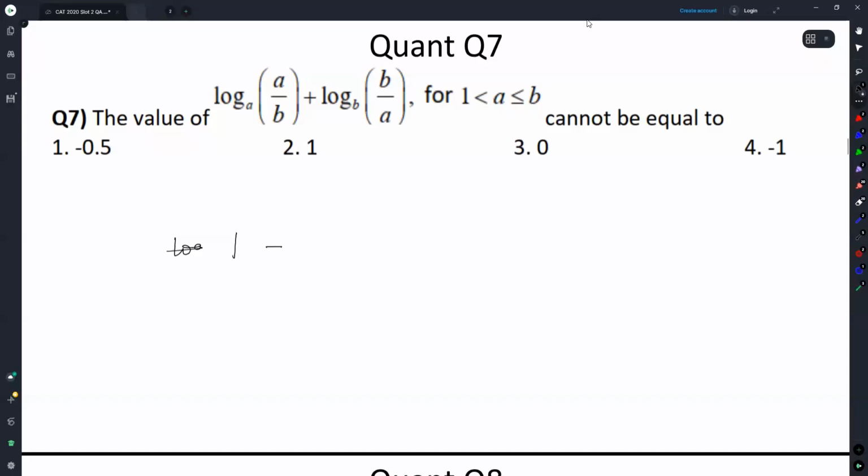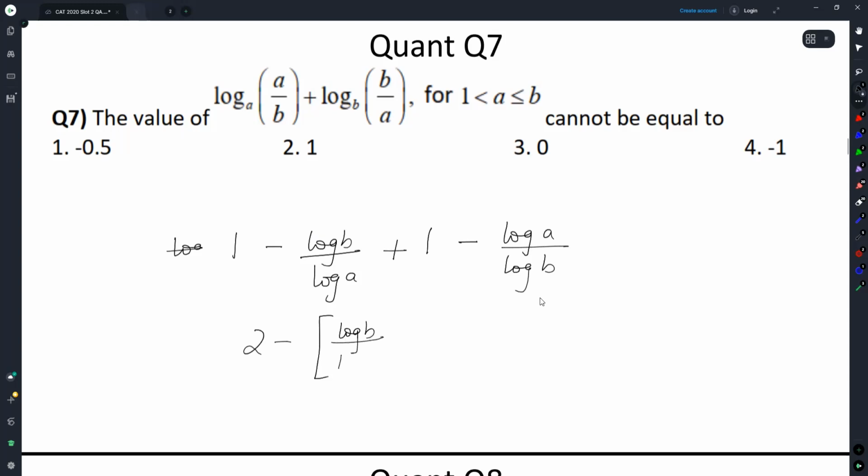Okay, this one now. 1 minus log b by log a plus 1 minus log a by log b. Okay, so we get 2 minus log b by log a plus log a by log b.